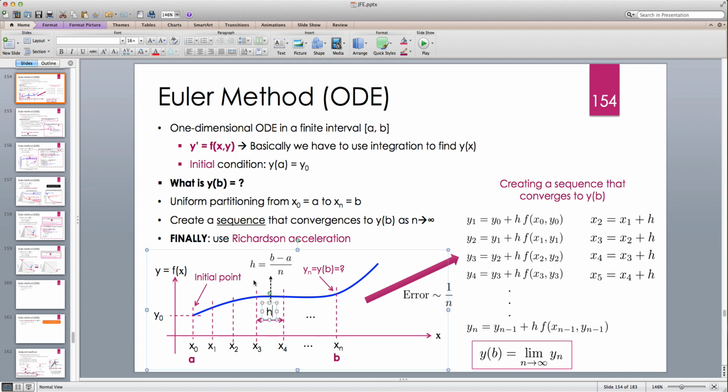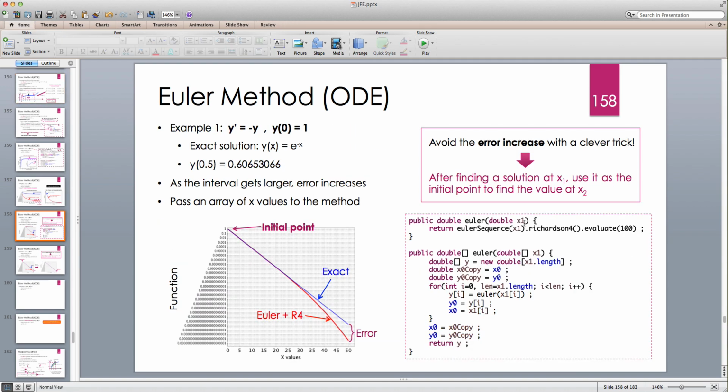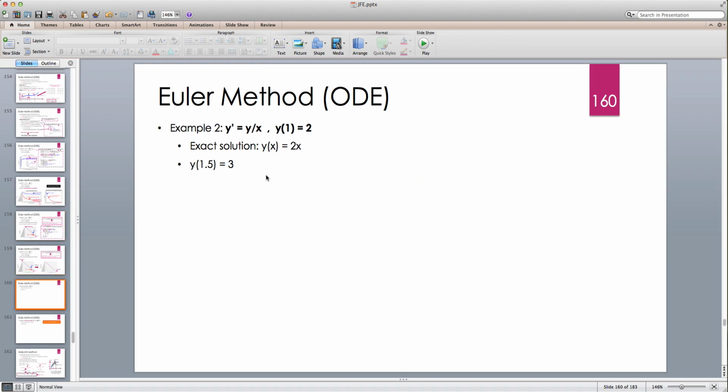Because the error is proportional to h, so b minus a over n. And now we're saying that if I want to find the value of the solution at an array, we can use this trick to, after finding the solution at some point x1, use that point as the initial condition to find the later point, okay? This guarantees that the length of the interval always remains small. Now let's look at another example.